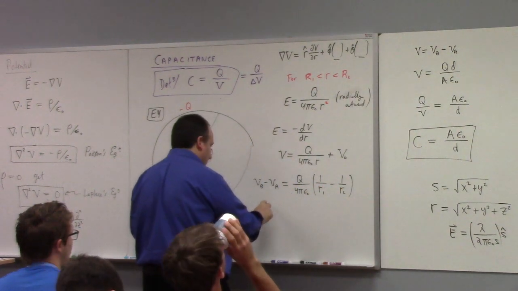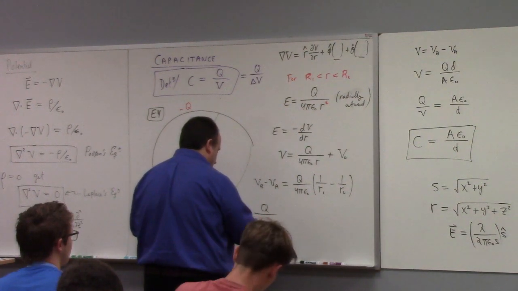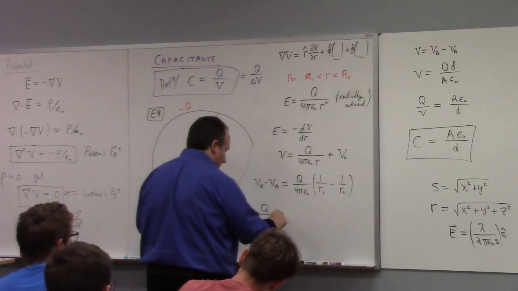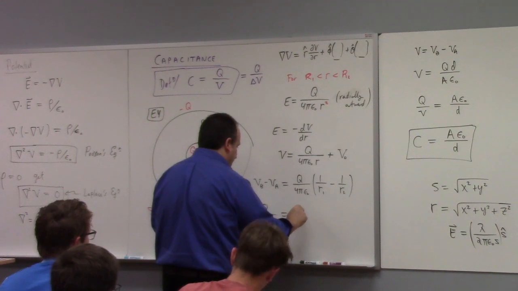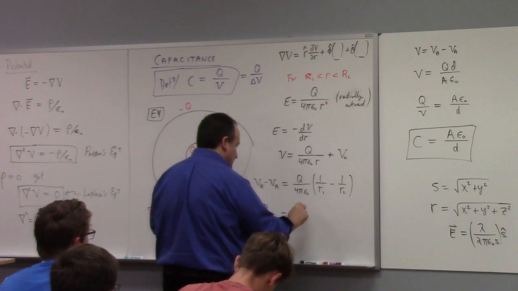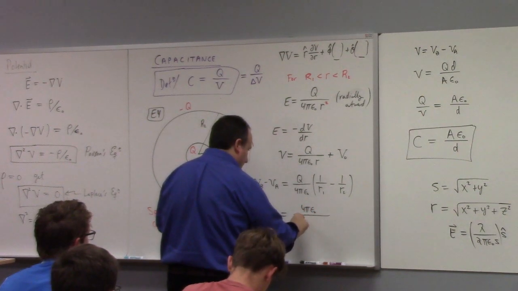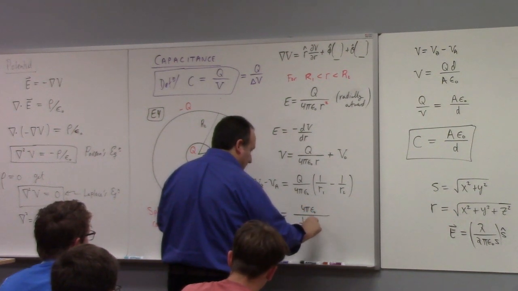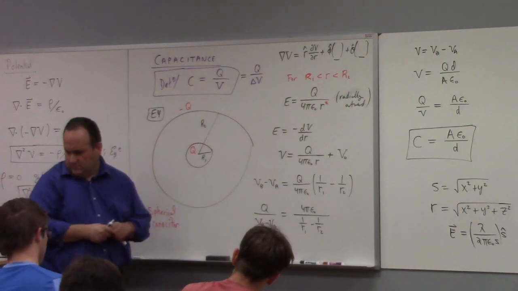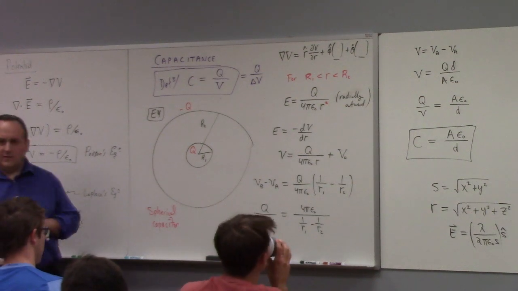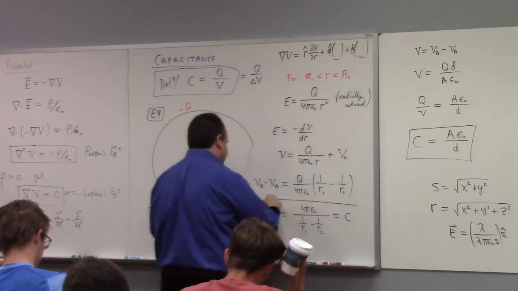Lo and behold, Q over VB minus VA is equal to, well, if I can do the math, it's debatable, 4 pi epsilon naught divided by the difference of the reciprocals, I think. Yeah. So there you go. That's the capacitance for a spherical capacitor.